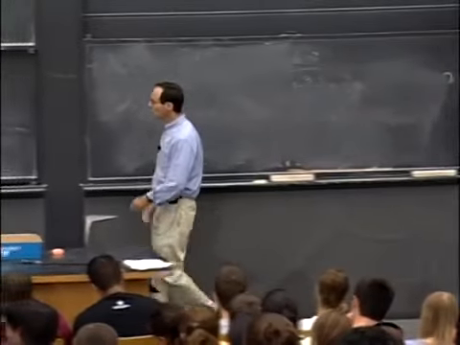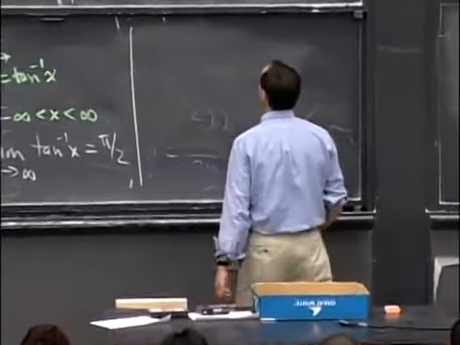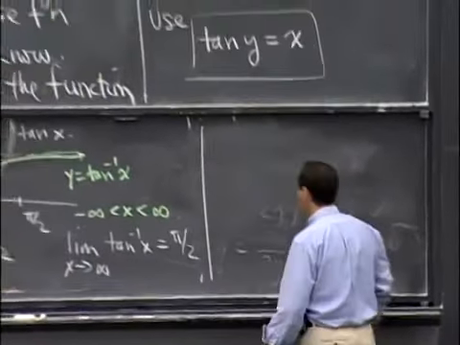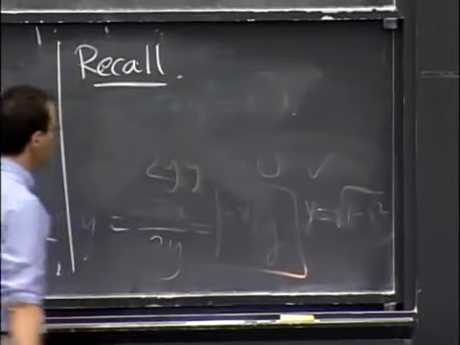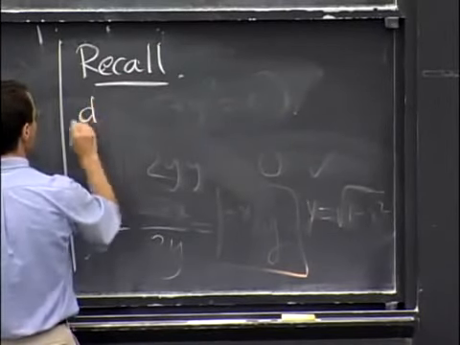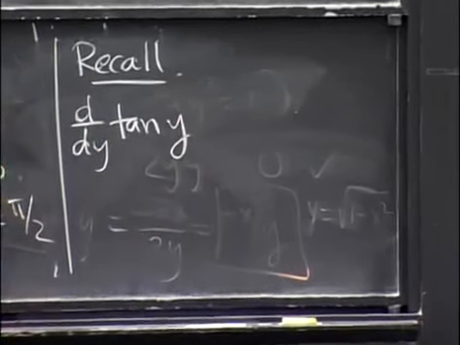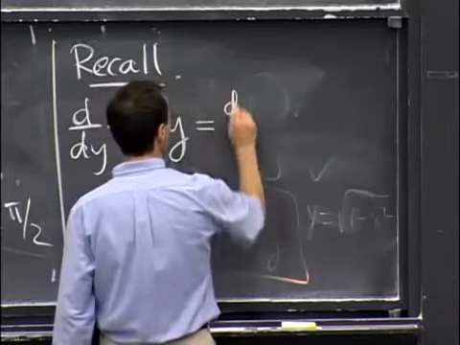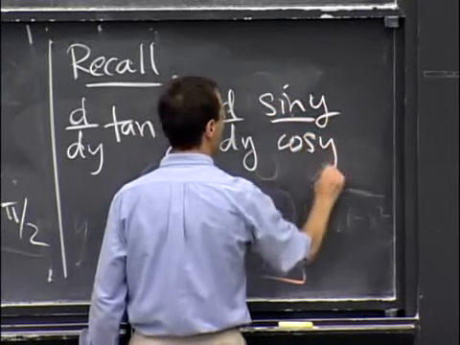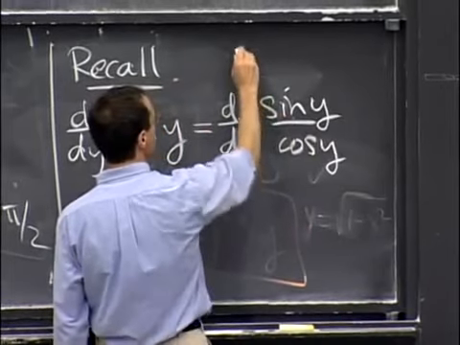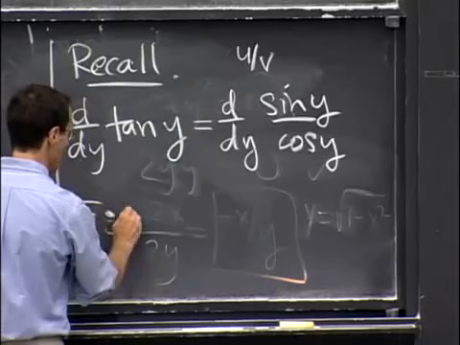Okay, so now the first ingredient that we're going to need is the derivative of the tangent function. So I'm going to recall for you, and you maybe haven't worked this out yet, but I hope that many of you have, that if you take the derivative with respect to y of tan y, this you do by the quotient rule. So this is of the form u over v, right? You use the quotient rule. So I'm going to skip this.